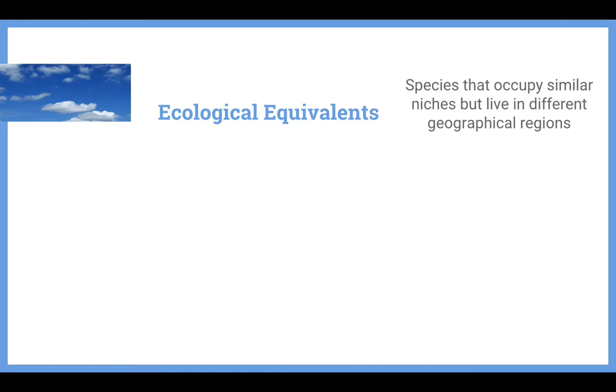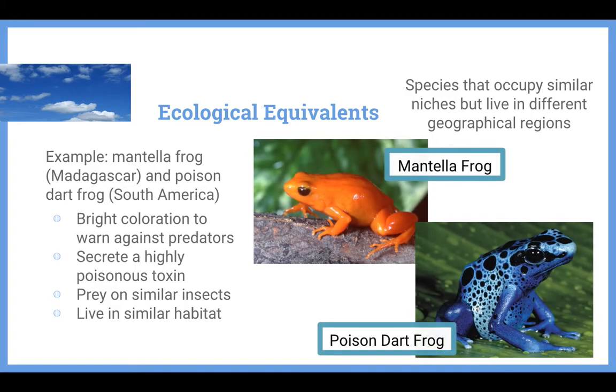I have another example of this. The mantella frog and the poison dart frog. Both frogs occupy similar niches, but they're on different continents. One's in Madagascar and one's in South America. And Madagascar's off the coast of Africa, in case you were wondering.